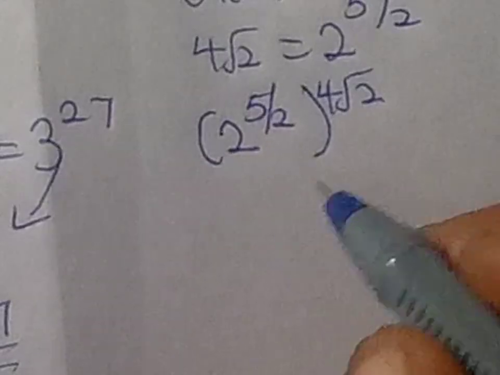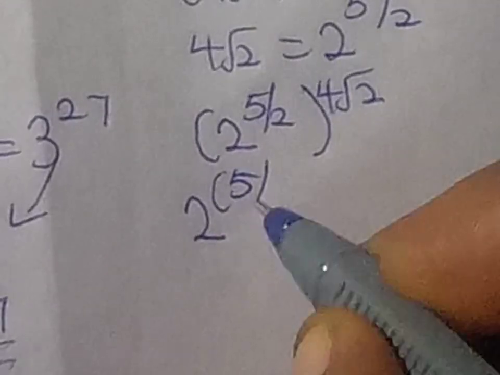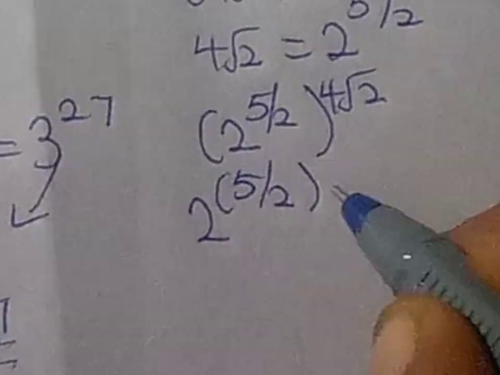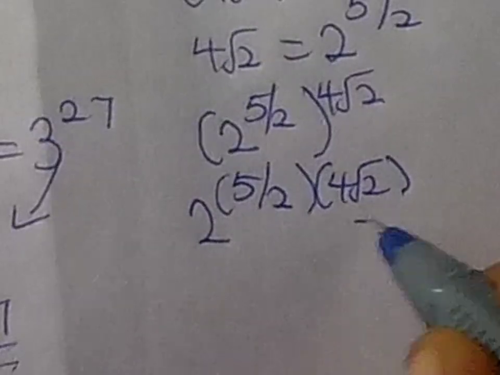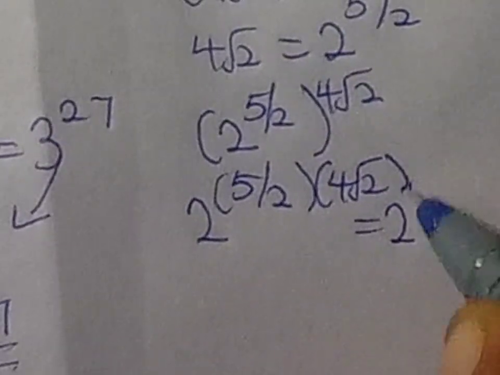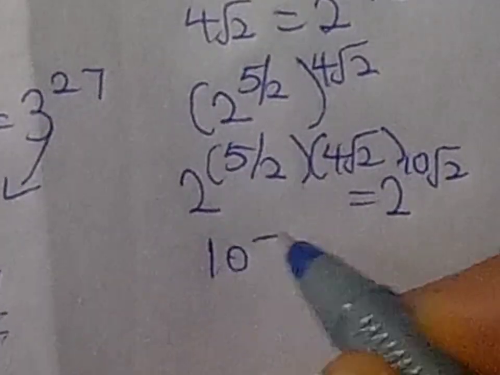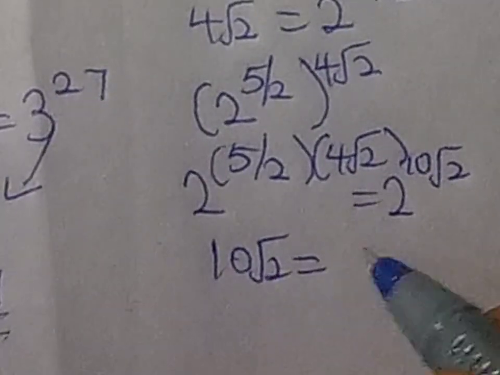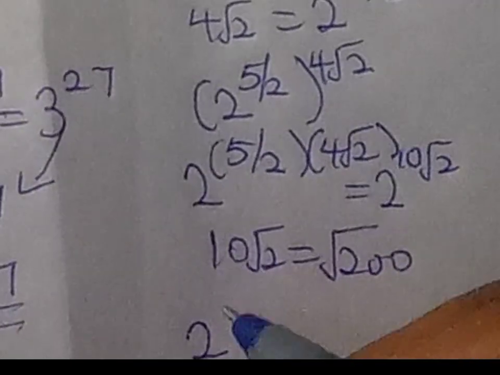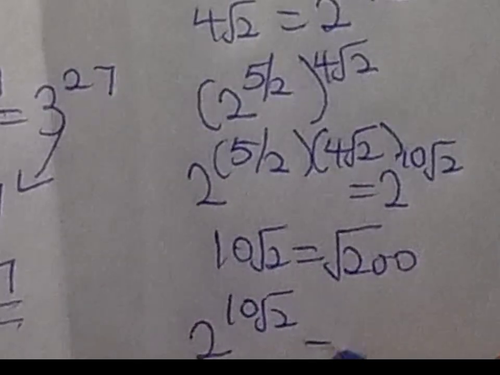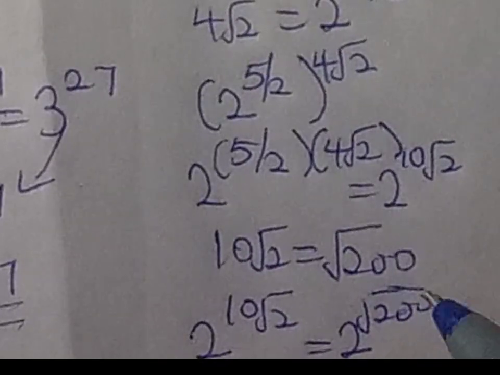Using our exponent rules, 2 raised to the power of 5 over 2 times 4 root 2 will give us 2 raised to the power of 10 root 2. And because 10 root 2 is equal to root 200, then 2 raised to the power of 10 root 2 equals 2 raised to the power of root 200.